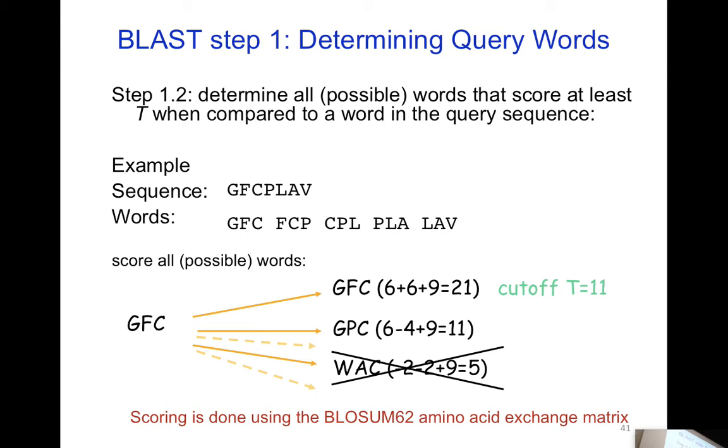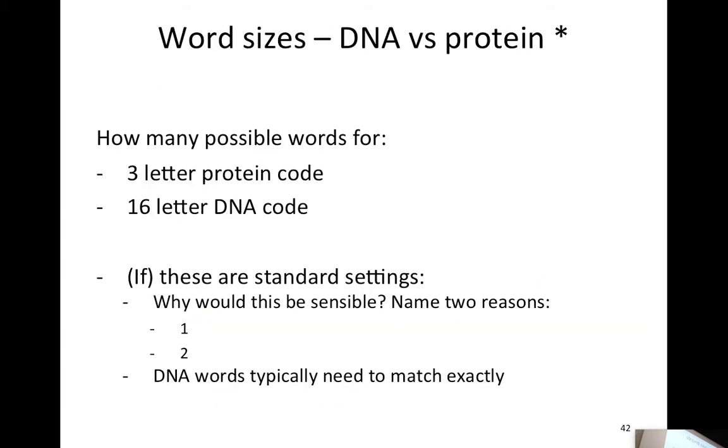That's a bit arbitrary, but that's been benchmarked to be sensitive enough. All the words that fall below that threshold, you don't take into account. So now for every word we have a whole list of words that are similar, and those are the possible starting points in the database we're going to look for.